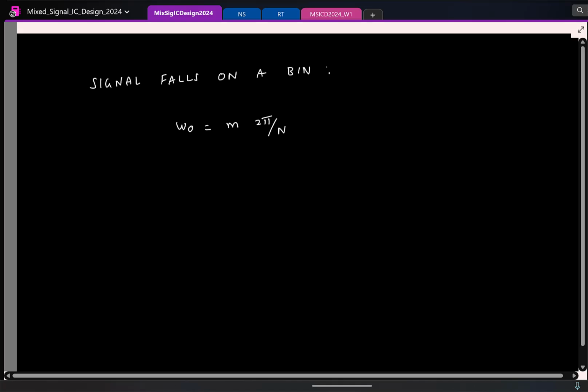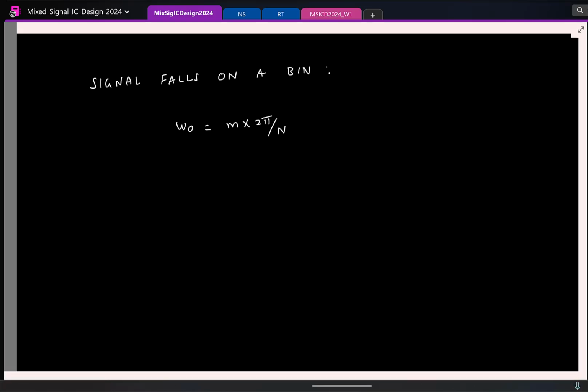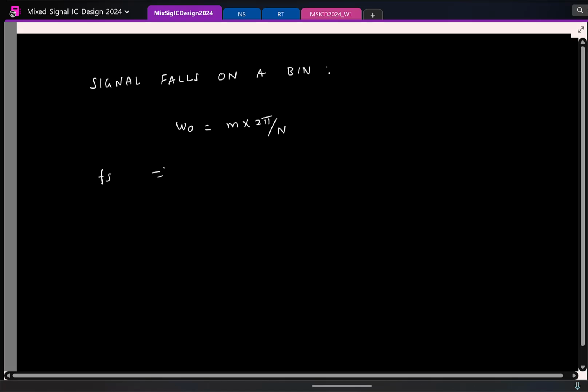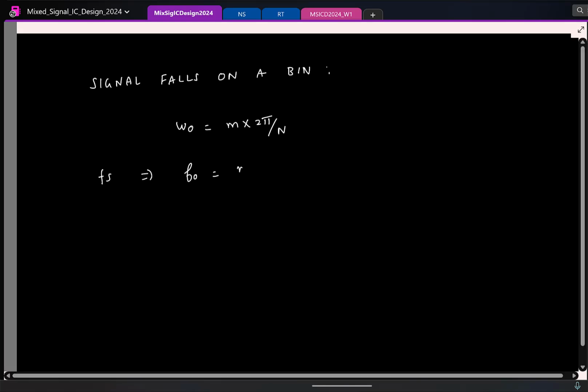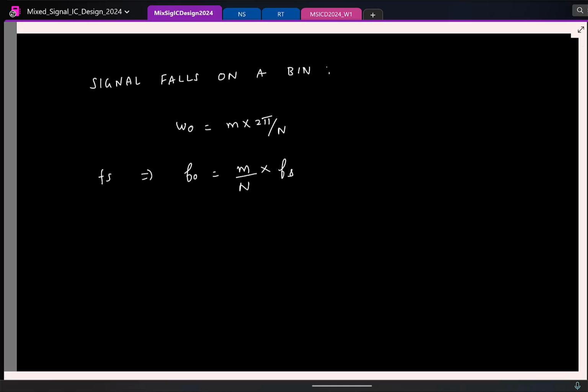So you choose your input frequency to be of this form, which means if I am sampling at Fs, what should the continuous time frequency be looking like? It is M by n times Fs. And remember 2 pi is Fs, the rest is all linear scaling. So this is how we should choose.